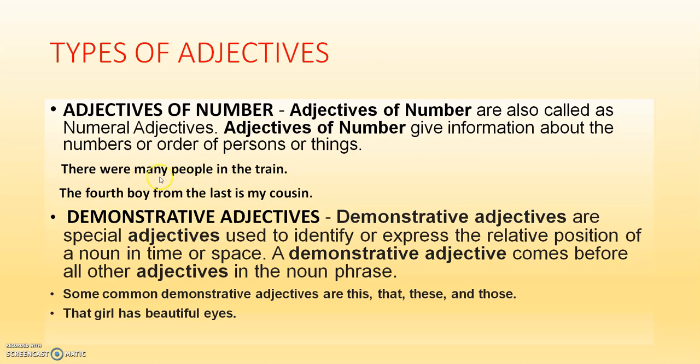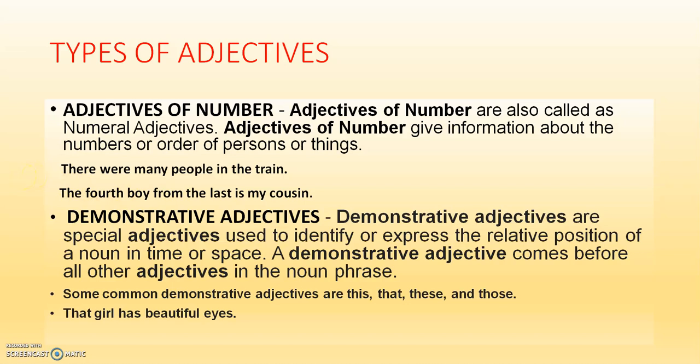So many is the adjective of number. And next sentence, the fourth boy from the last is my cousin. So here the fourth is the adjective which is telling us the order of the person, the noun. So this is the adjective of number.